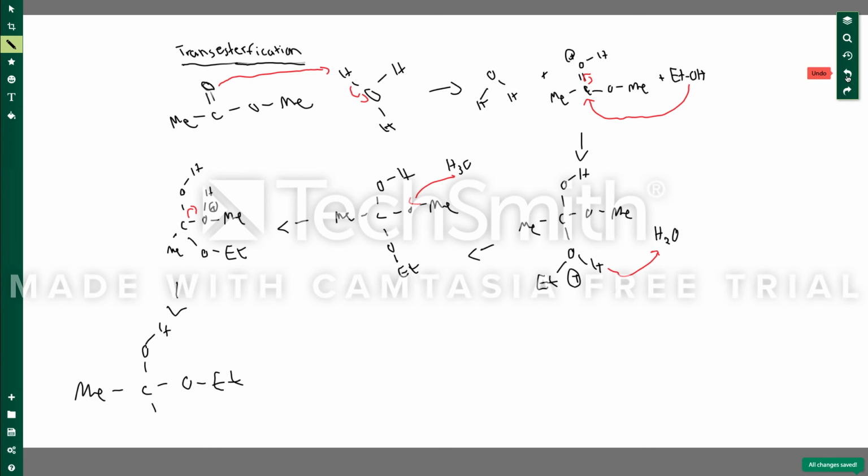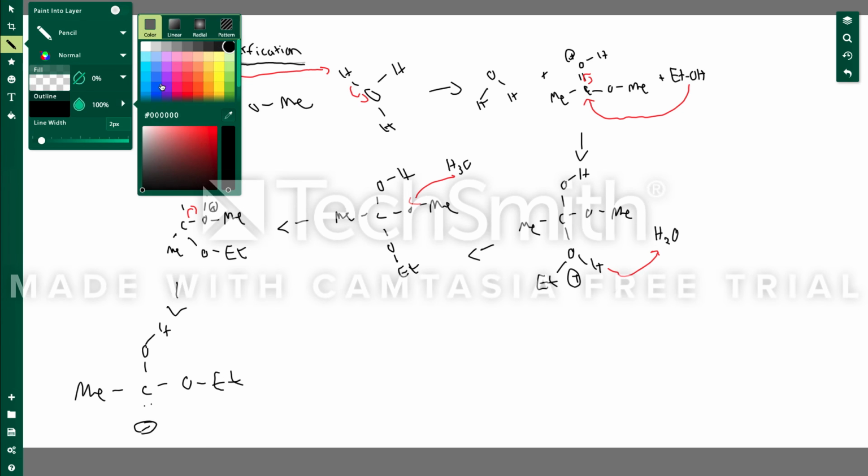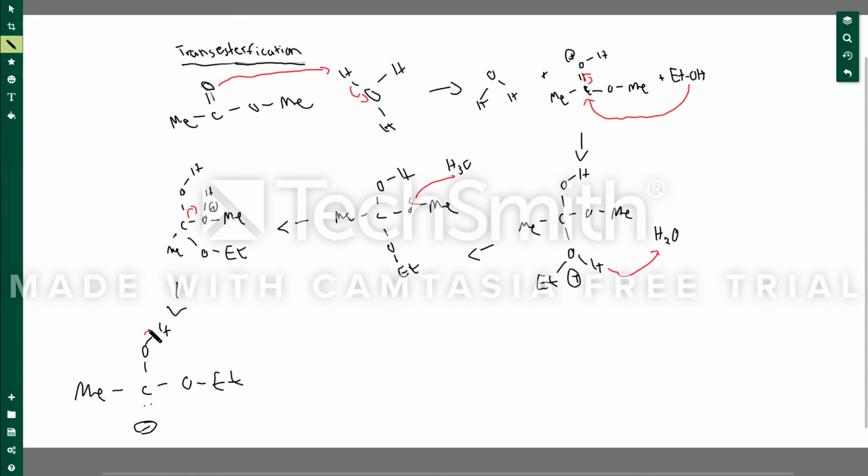Or, not plus. This has a negative bond. We really, really hate carbons with a negative bond. So what this will do is it will let go of the hydrogen.